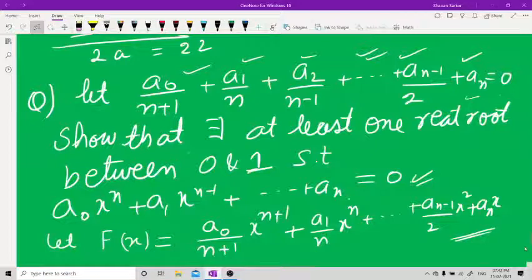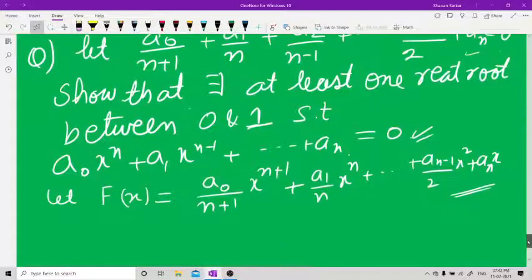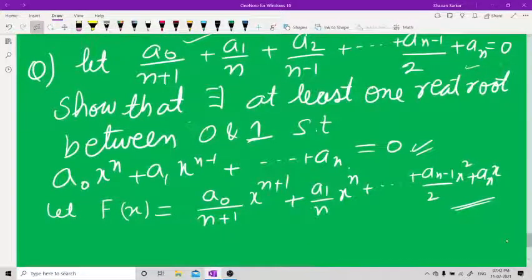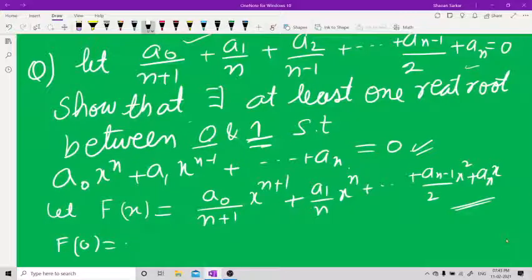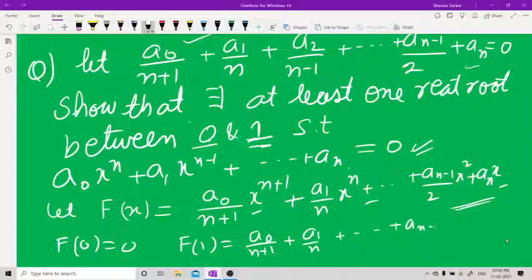Now add, just a minute, let me keep it here. Add between 0 and 1. So at 0, the whole function is 0, because there is an x here, at the end also there is an x. Now at f1, this is a naught over n plus 1, a1 over n, up to so and so forth, an minus 1 over 2.